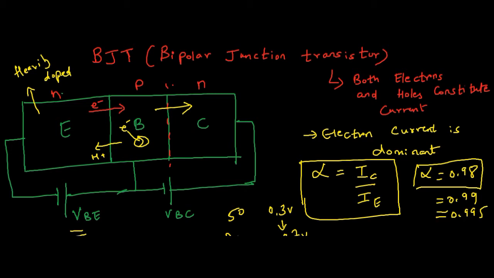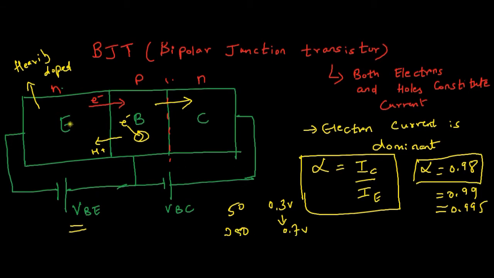Say for 0.7 volts, 250 electrons will reach from emitter to collector. So the current in the BJT increases exponentially as VBE increases. That is one case. We have studied about this IC and IE. Most of the emitter current will flow through the base to the collector.